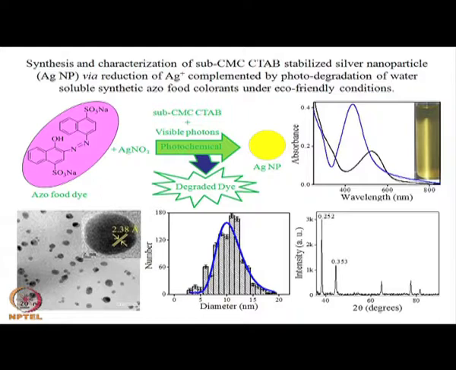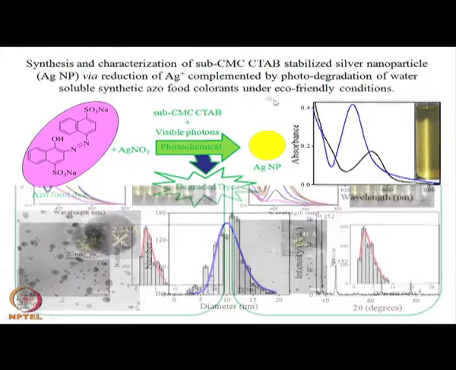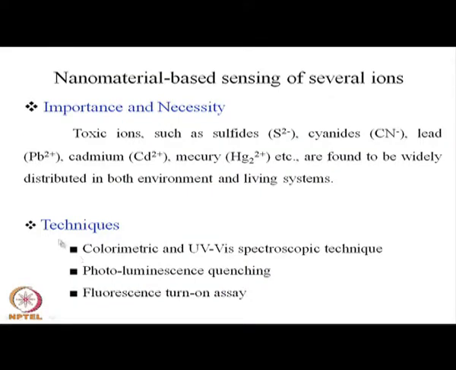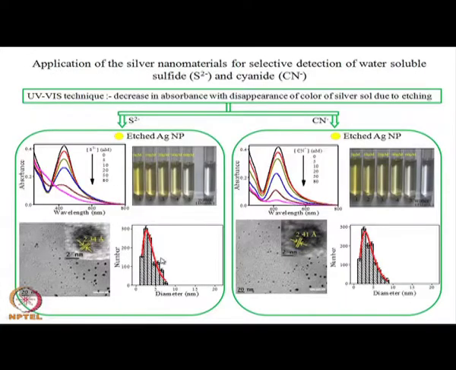Let us move on to the next slide and see what is there. One is, as I told you, the sensing technique. It may be a colorimetric visible spectroscopy technique or a fluorescence technique. Let us first look at what is exactly happening in the sensing application.